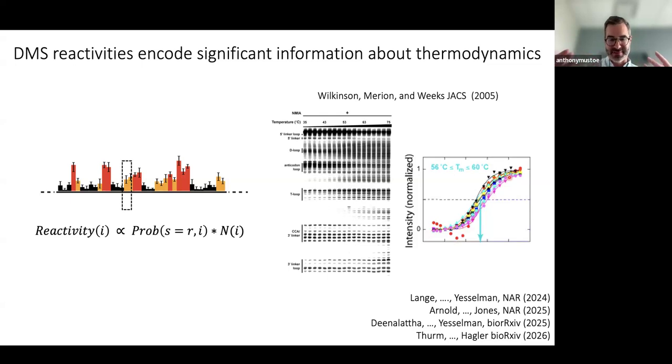So this is pretty direct evidence that these reactivities do encode information about thermodynamics. And just in the past few years, there have been a number of papers from Joe Yesselman's group, also from Alicia Jones, and most recently from Lauren Hagler, that have also shown that this holds true in a variety of systems.